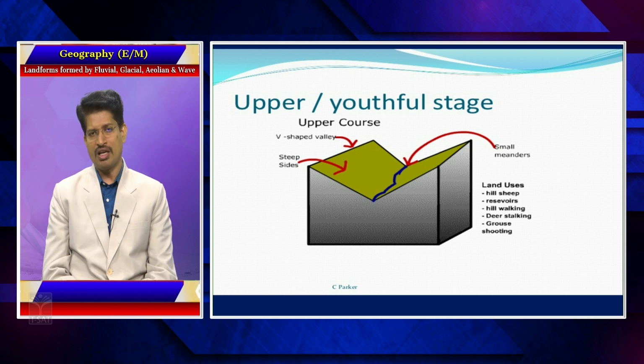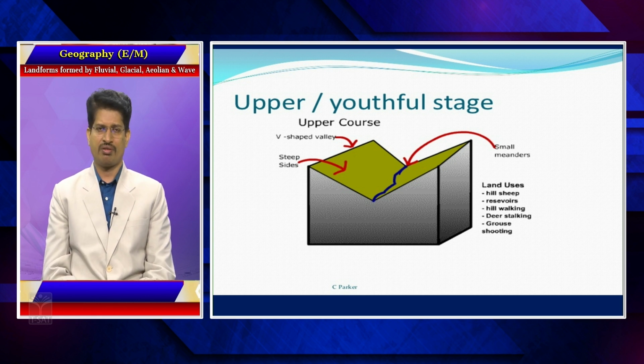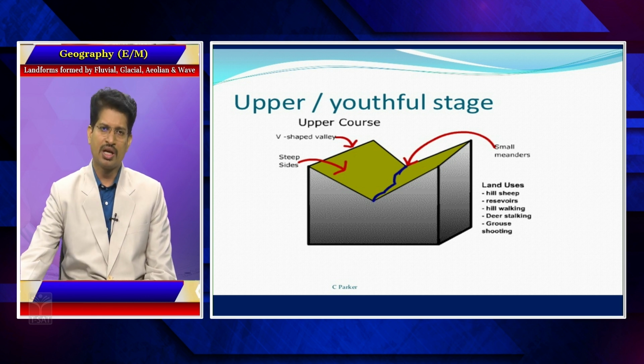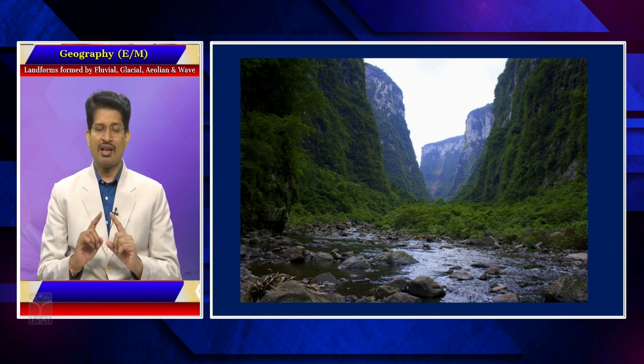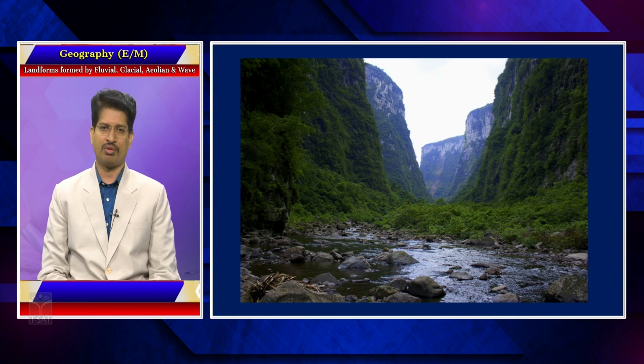So, the V-shaped valley is a feature of fluvial erosion activity by the flowing rivers. This is a valley which is formed in the higher elevated region, in the form of a V-shape. But when the slope gradient decreases, see the picture being shown to you, the lateral erosion dominates, the sides of the river valley are subjected to weathering and erosion, and the V-shaped valley is converted into a U-shaped valley.